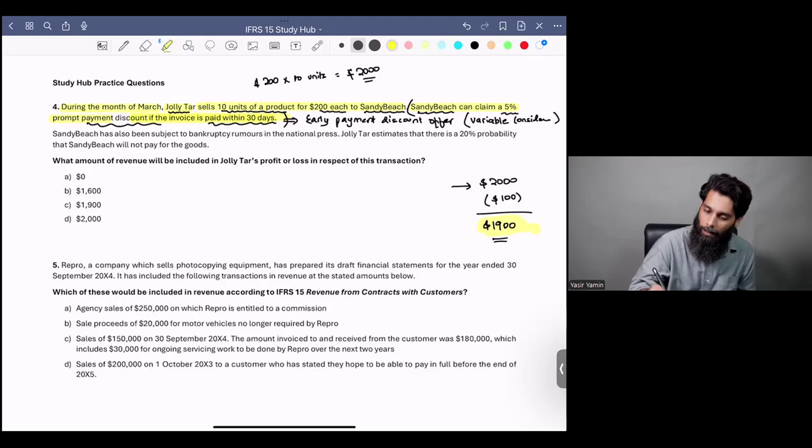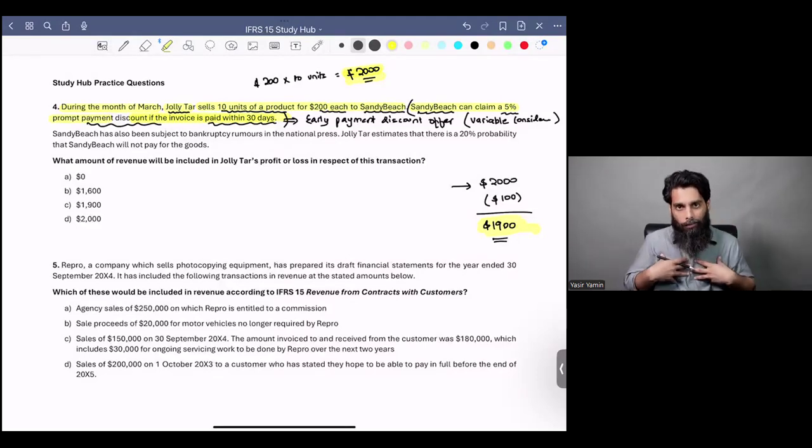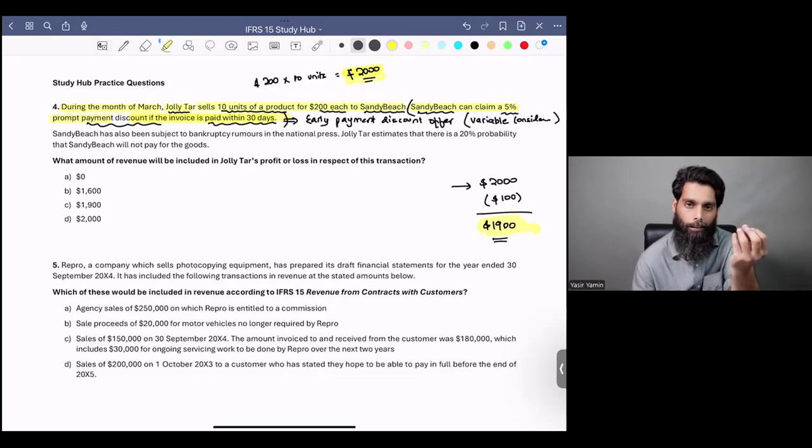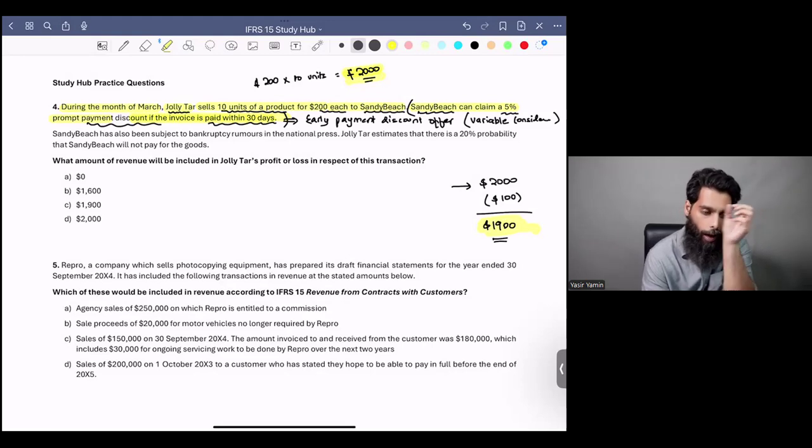Hanan, we made a transaction of $2,000. Okay, first you tell me, do you understand this $2,000? Very good. Hanan, the contract that me and Sandy Beach, who is our customer, provides, that we will have to provide them a 5% discount only if they pay under 30 days.